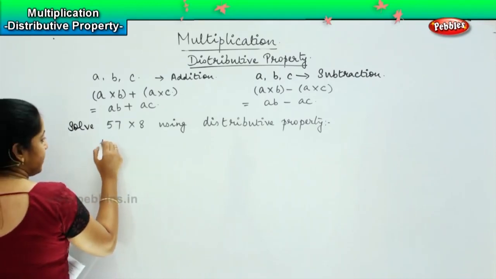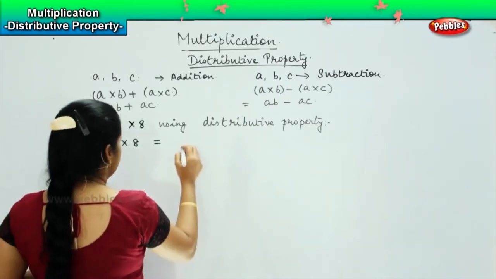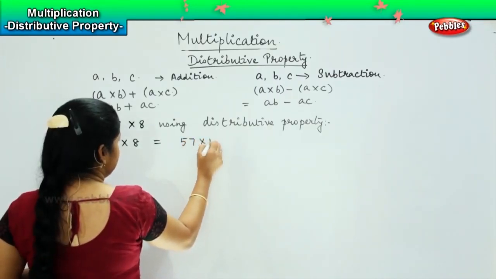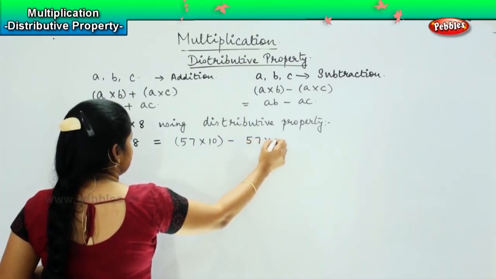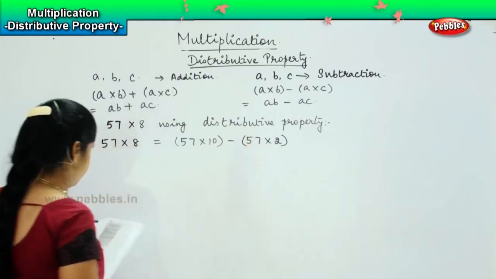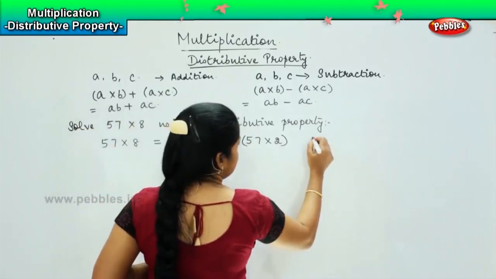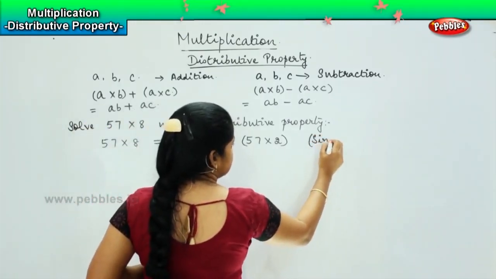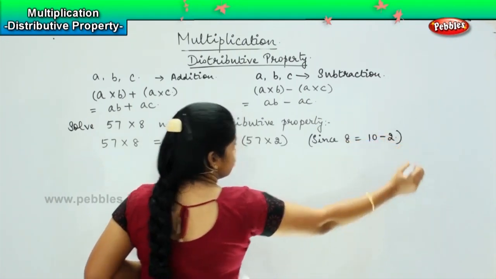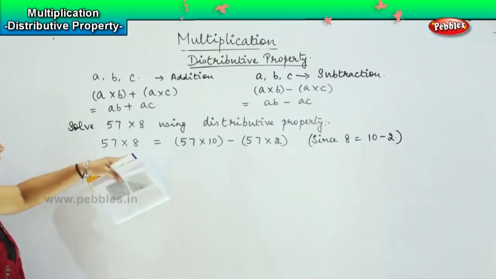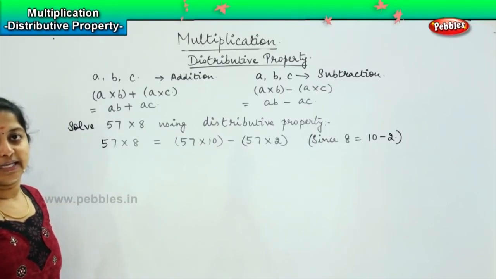Now 57 into 8 can also be written as 57 into 10 minus 57 into 2. Why? Because 8 can be written as 10 minus 2. So instead of writing 8, I will split it as 10 and 2. At the end of the day, I will get the same answer.